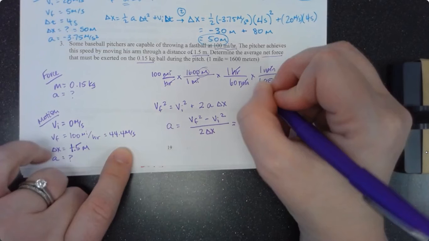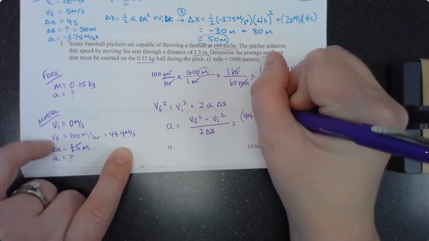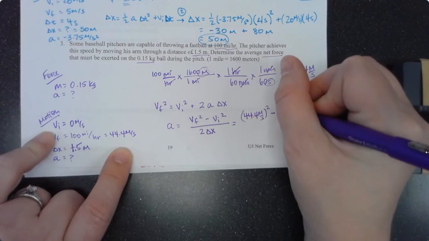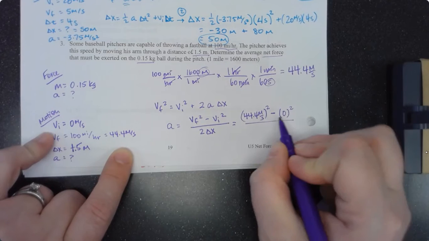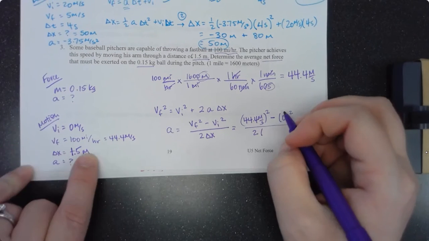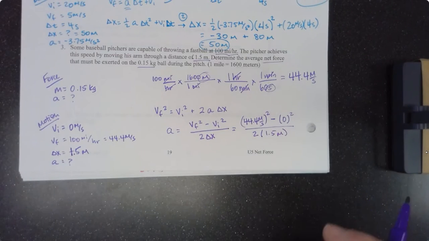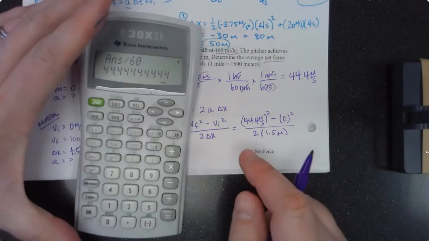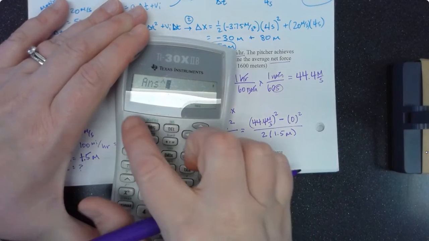So my final velocity is 44.4 meters per second squared minus my initial velocity, which is 0 squared. That makes life easier. And then 2 times my 1.5 meters, so it's divided by 3, basically. I still have 44.4 in my calculator, so I'm going to square that. Answer times answer.